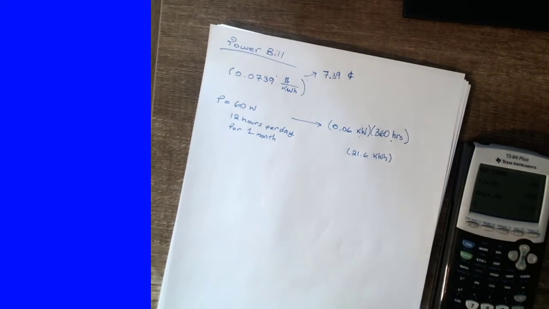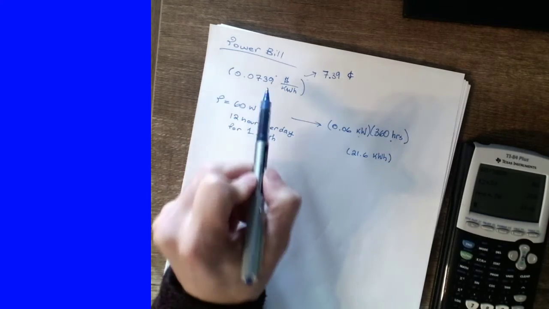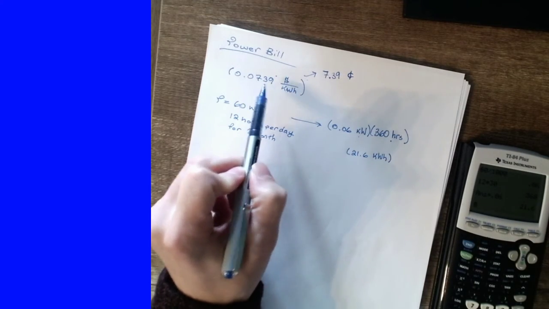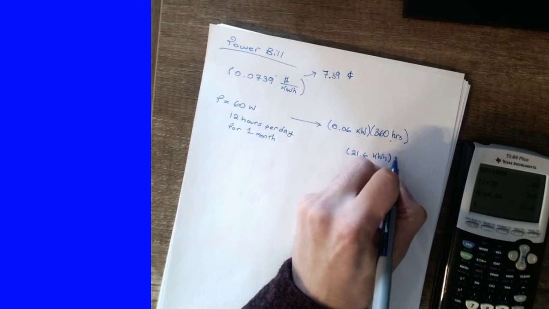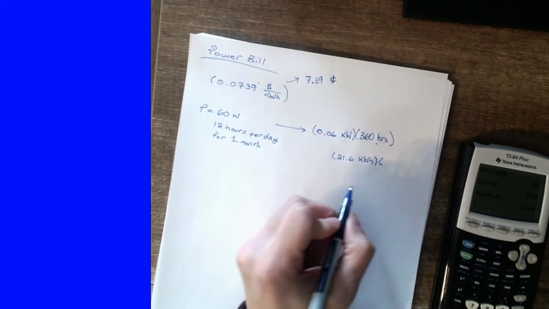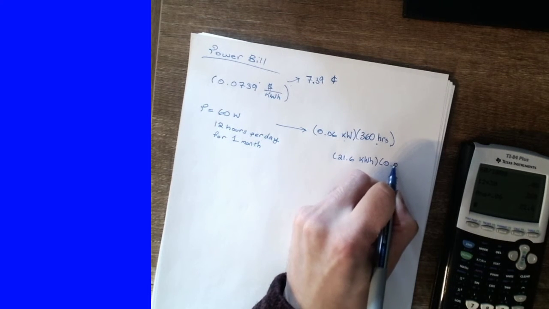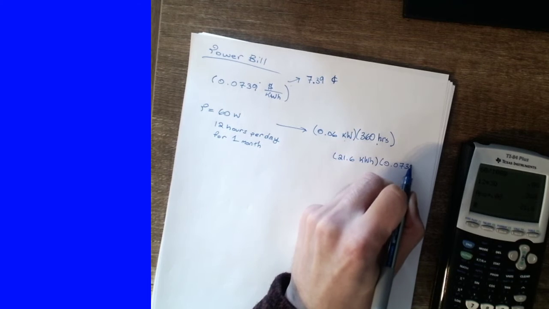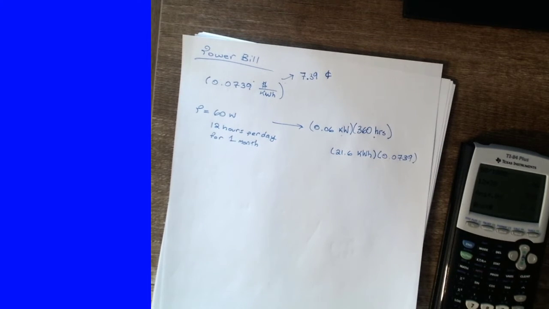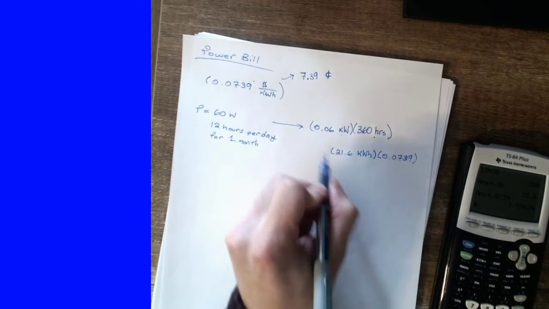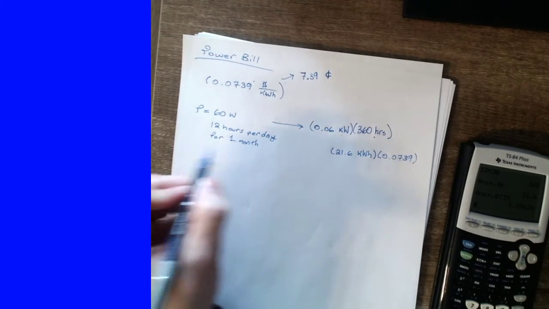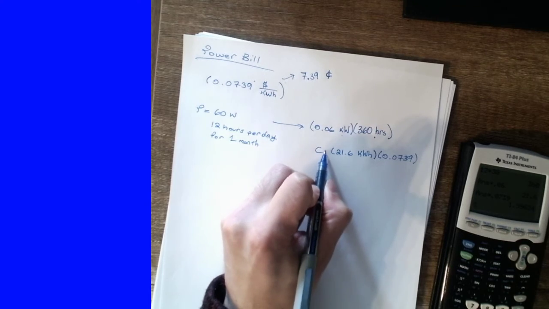And for every kilowatt hour, I am charged $0.0739 or 7.39 cents. So we'll multiply it by 0.0739. And in the end, I guess we'll call this the cost.